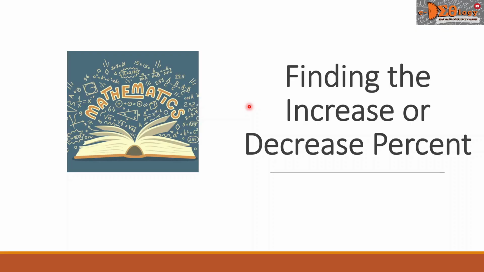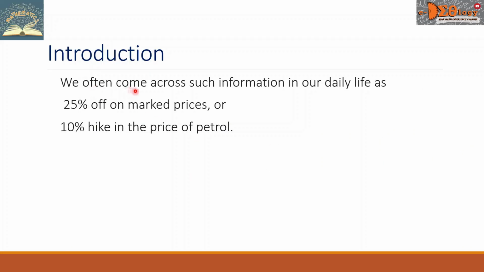Hi everyone, today we're going to study finding the increase or decrease percent. We often come across such information in our daily life as 25% off on marked prices or a 10% hike in the price of petrol.